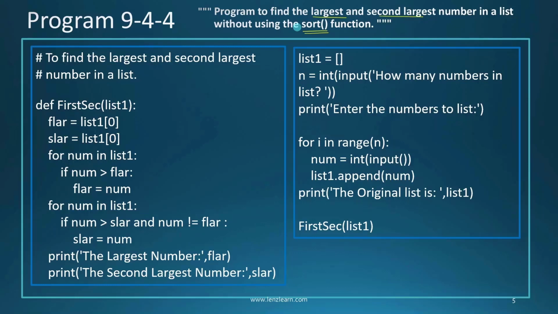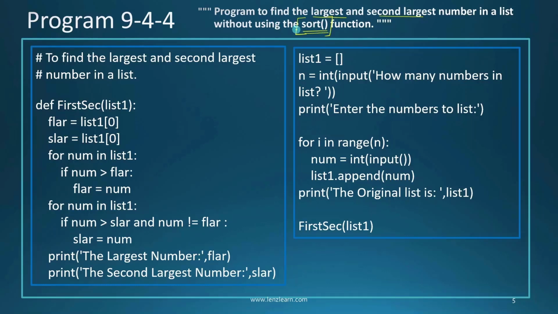So the content of the list will be sorted in ascending order. After that, if you want to print the largest number, print the last number in the list, and if you want the second largest number, you print the second last element in the list.